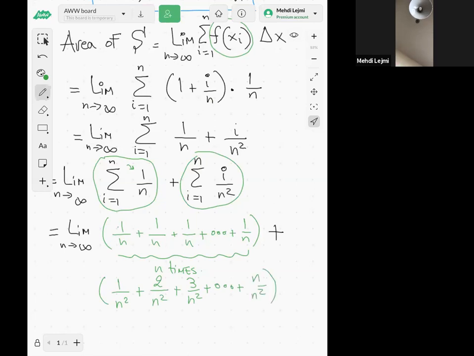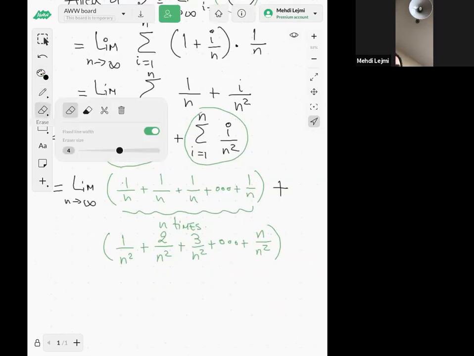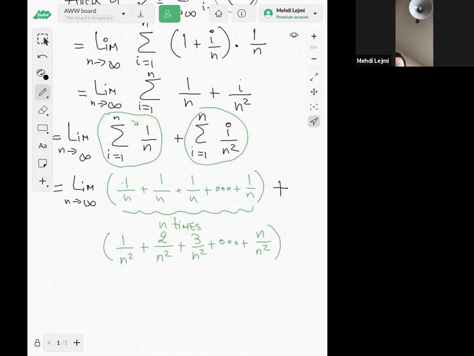All right. Anyway, so this is equal to, first we have this sum of 1 over n, n times. So it's just, again, you have a limit, of course. Don't forget the limit. So we have n times 1 over n, plus.